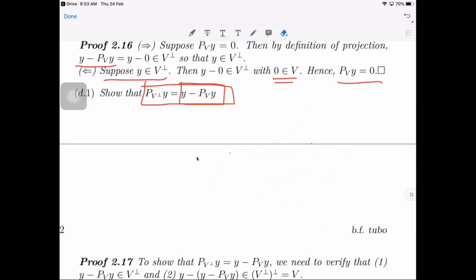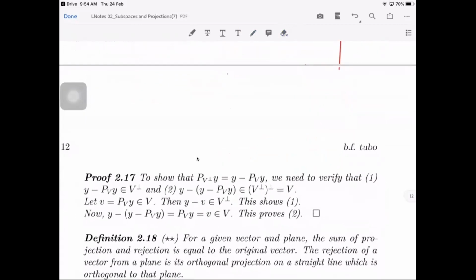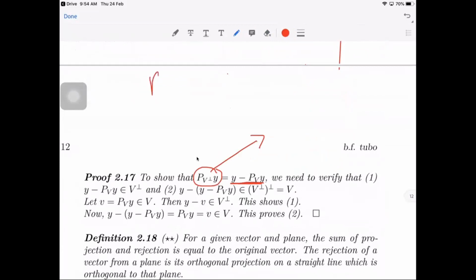Okay, how do you show that? Sa kay projection man eh. So by definition of projection, ang sa atong gusto ipakita ani. If this is a projection, so the projection of y onto V perp is y minus the projection of y onto V, we have to verify that y minus it is in V perp.